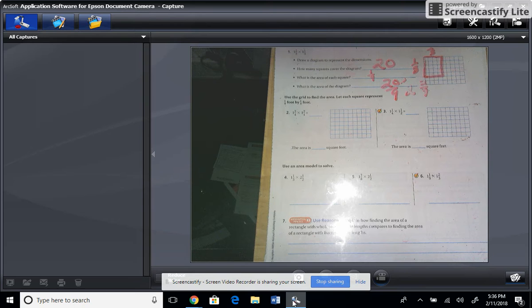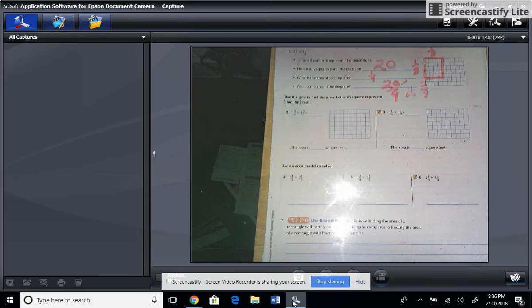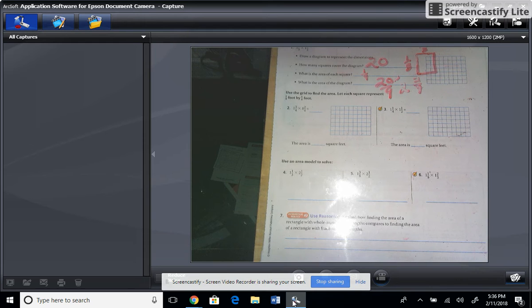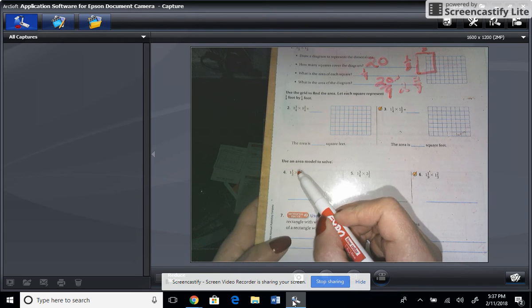What does that look like? I just think that that's our easiest way of doing this. I always change my mixed numbers into an improper fraction. So I'll just show you this quick before I send you off. 1 times 3 is 3, plus 1 more is 4/3, times 2 times 2 is 4, plus 1 is 5/2.